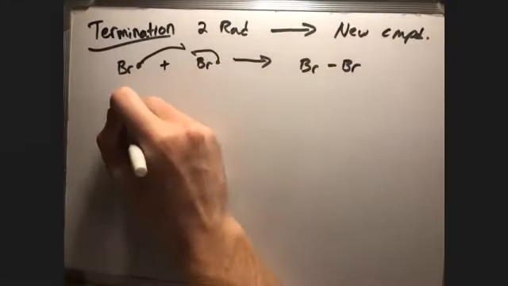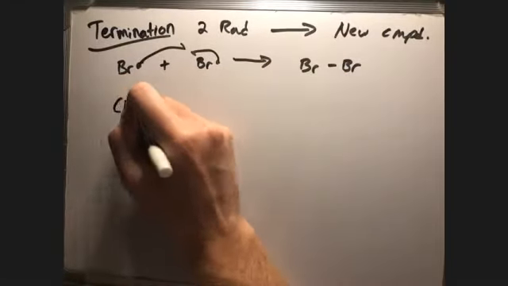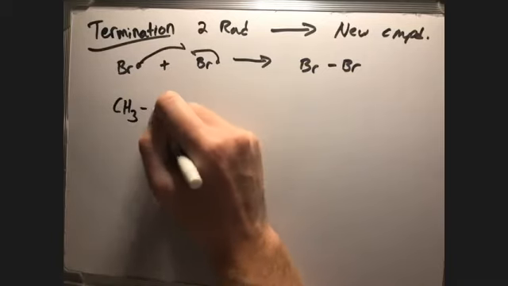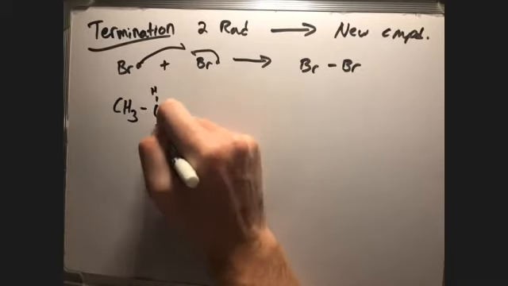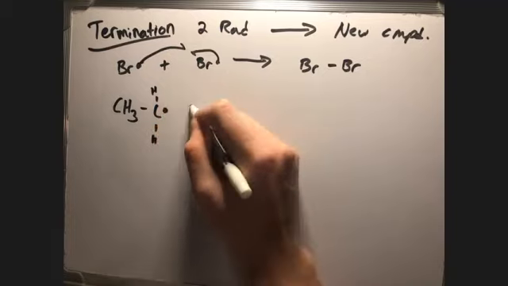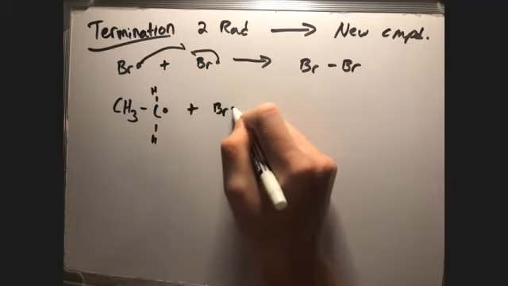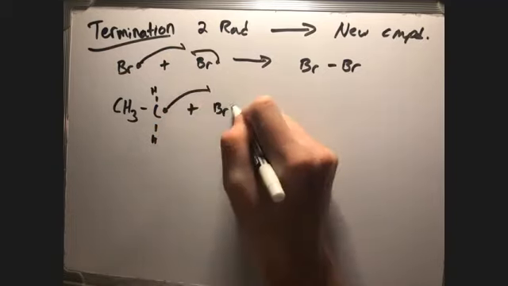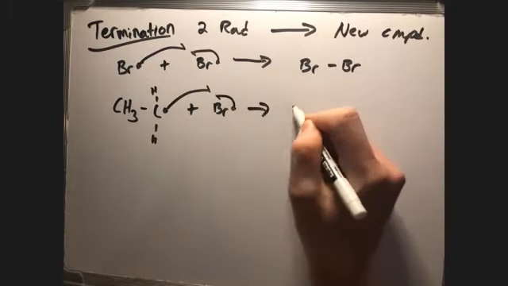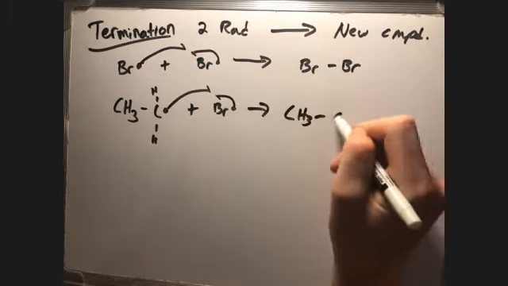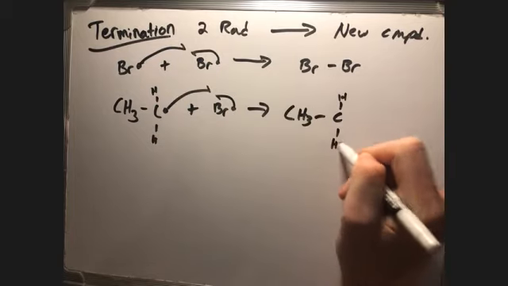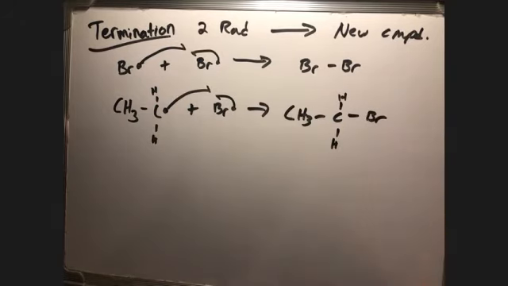But then you also have the ethane radical which can react with a bromine radical to make the product. This is a termination step that makes the product. So the propagation step also made the product.